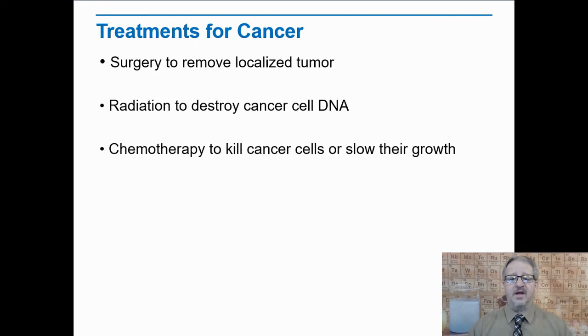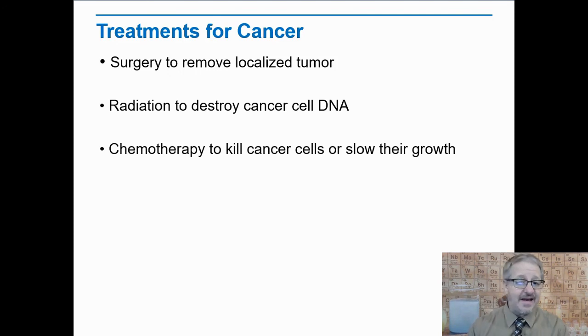So if you have a tumor that hasn't spread yet, it hasn't metastasized, oftentimes they can perform surgery to remove that cancer, and it's usually a pretty effective treatment. This is a very common treatment for skin cancer. Radiation is another way that we go about treating cancer, and that will actually destroy the DNA of the cancerous cells.